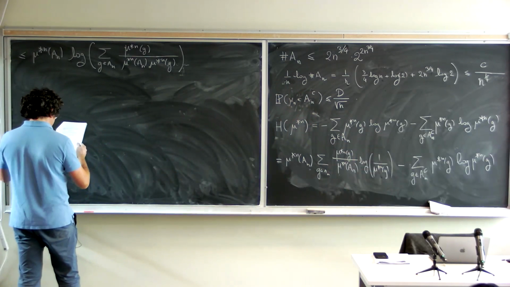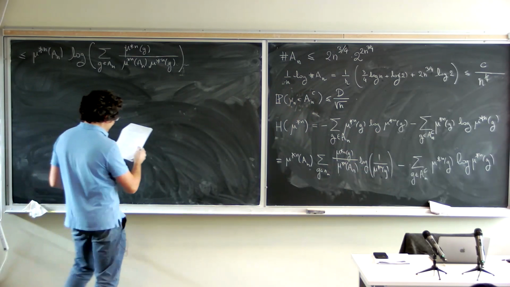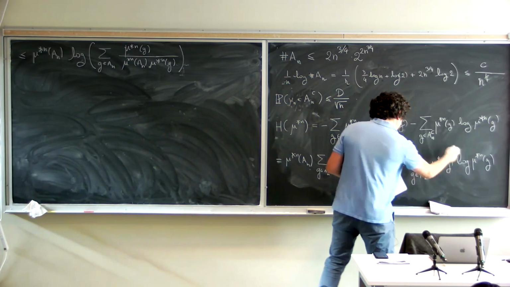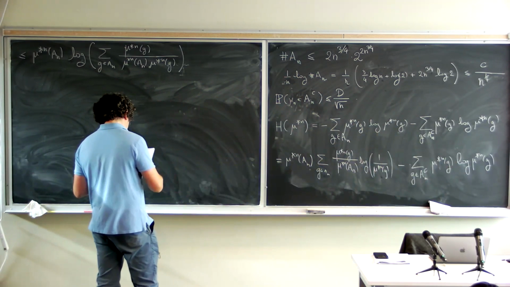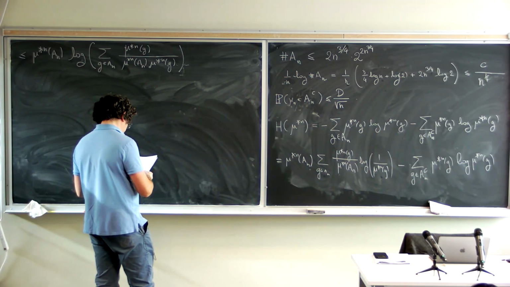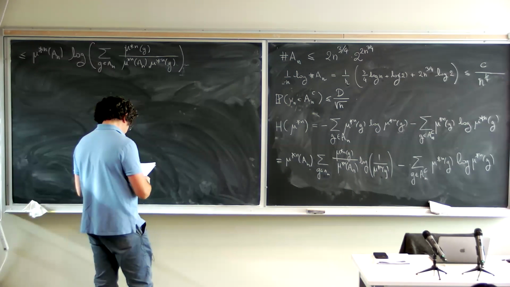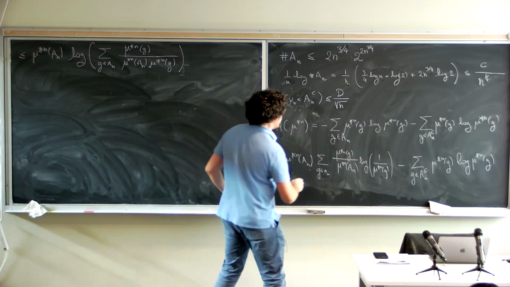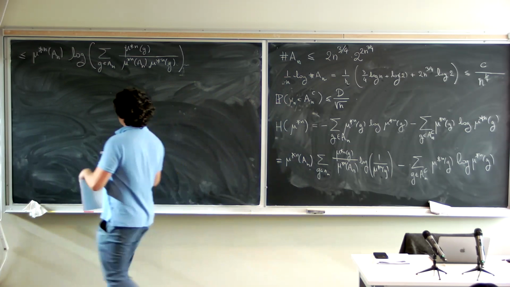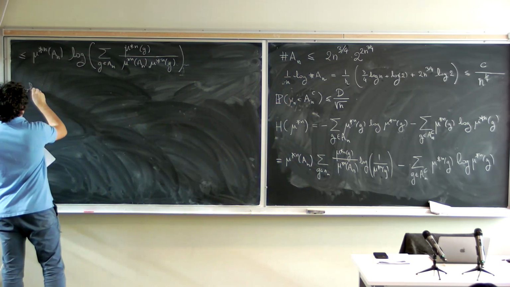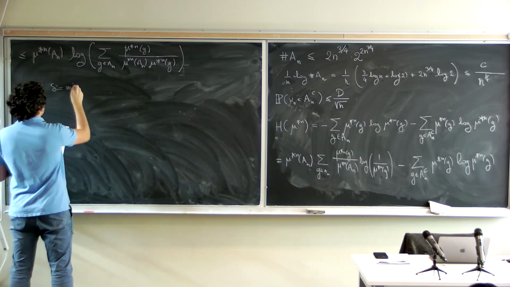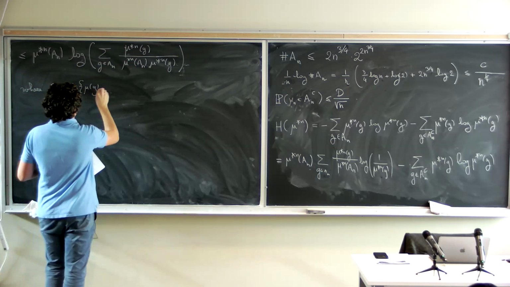Okay, and then the second part. What is the second part? Well, what we can say is we can set delta to be the minimum of mu(g), where g is in the support.